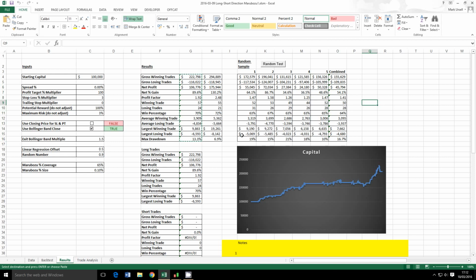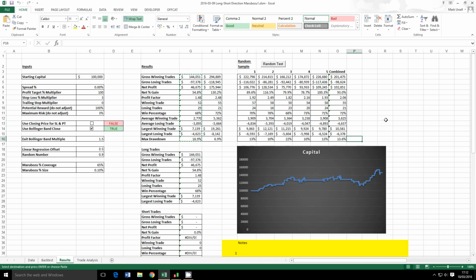And again, a drawdown which is slightly higher, but this is only to be expected. We've got a completely non-optimized strategy, and again 16.7% is relatively decent under the circumstances. If I want to test it again, I just click the button again, and we get some updated results.